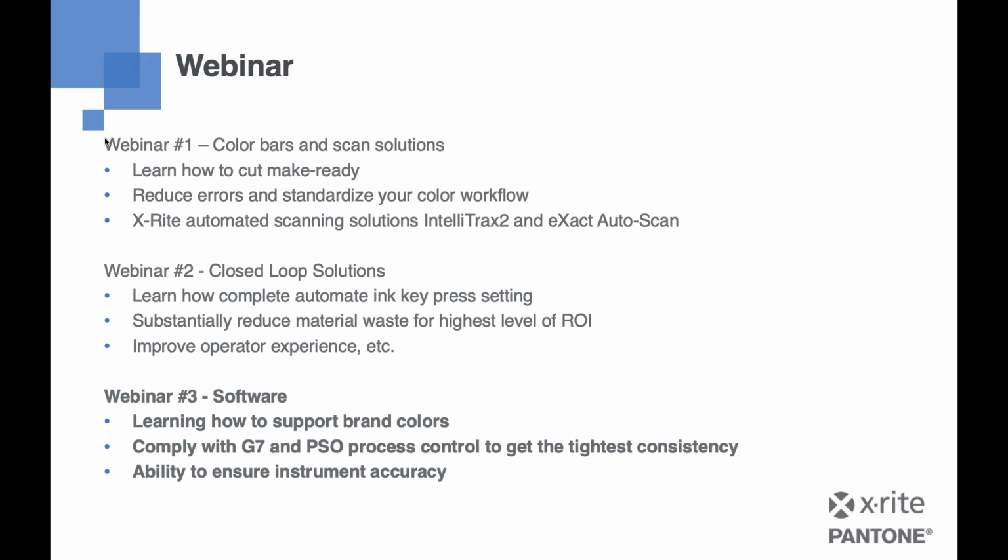I will speak about how you can use this software with brand colors, how to work with G7 or PSO process control for those, but also how to ensure that your instrument measures accurately. And yeah, so let me start.